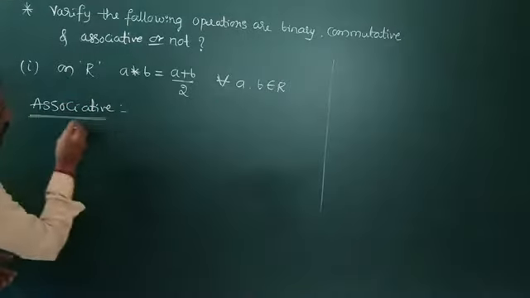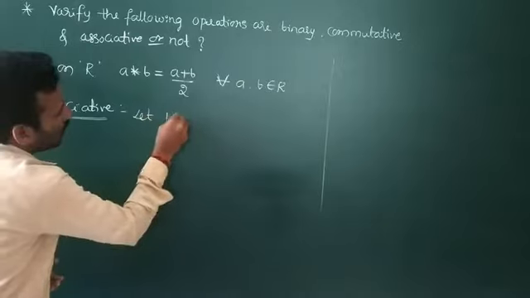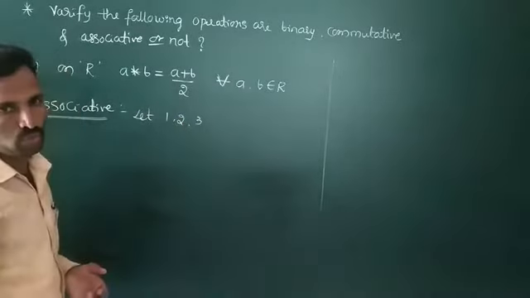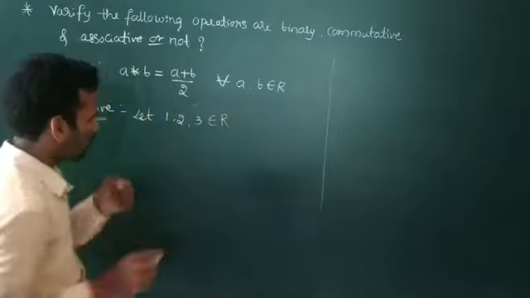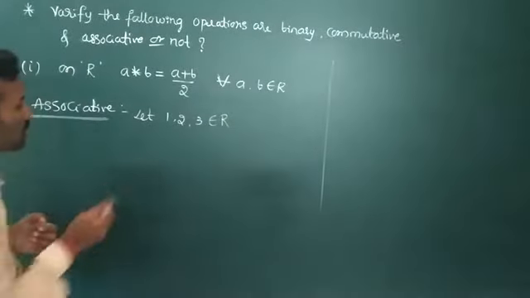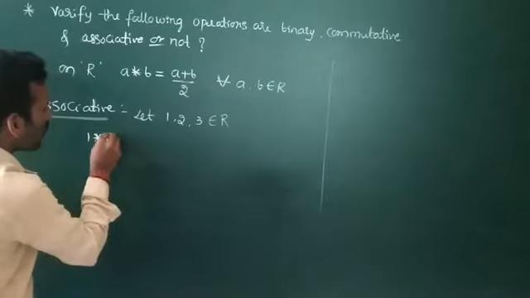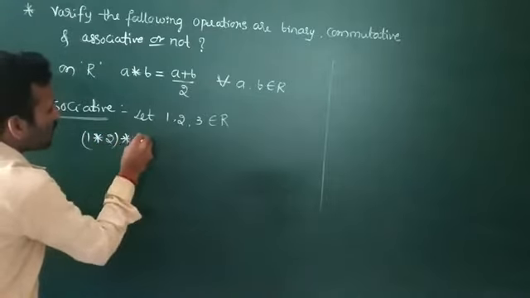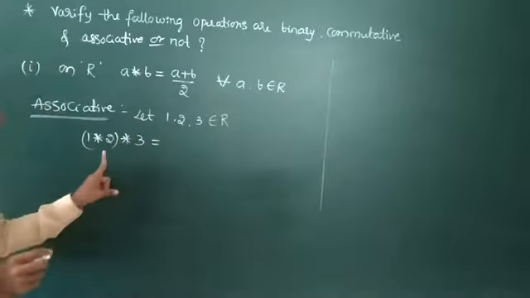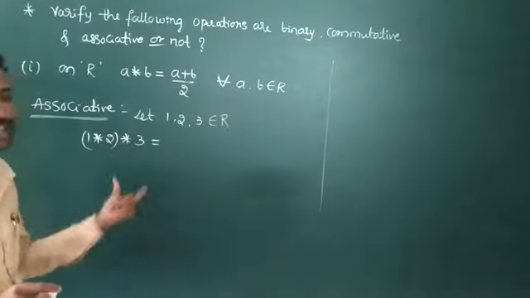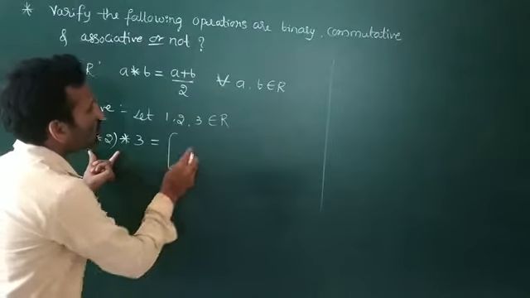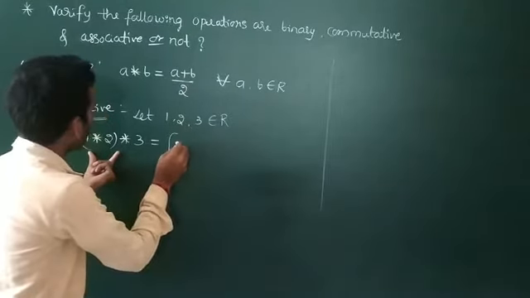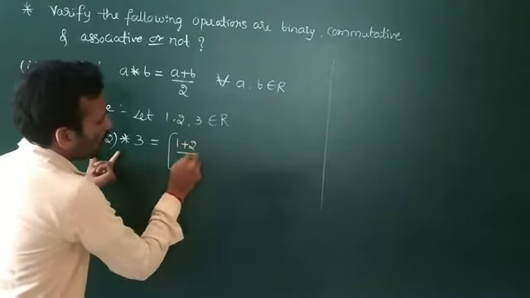For the associative binary operation, let us consider any three elements, 1, 2, 3, which are elements of real numbers. According to associativity, we check whether (1 star 2) star 3 equals 1 star (2 star 3). First, 1 star 2, by the definition (a plus b) by 2, means (1 plus 2) by 2.